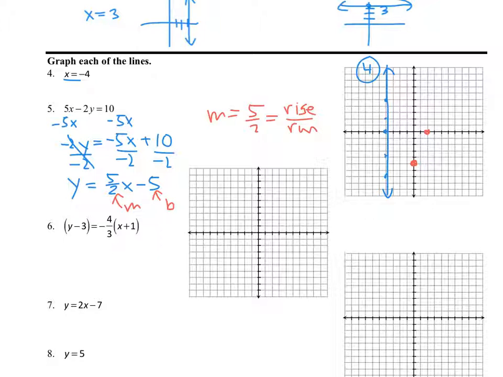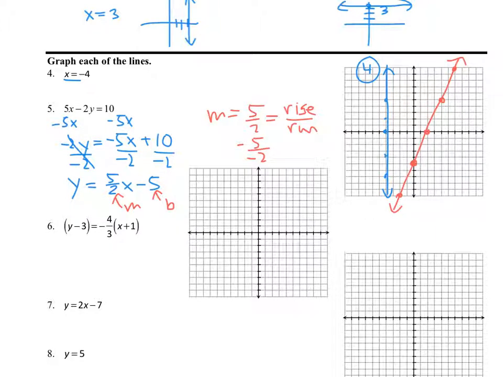So I go up 5 and right 2 again, up 5 and right 2 again. And I can also go down 5 and left 2, because that also comes out to a slope of +5 over 2.